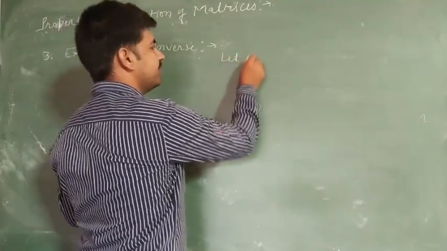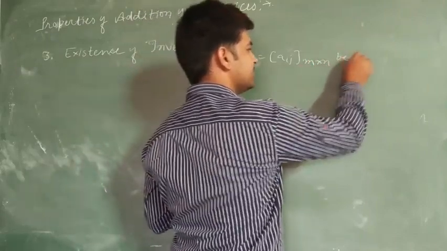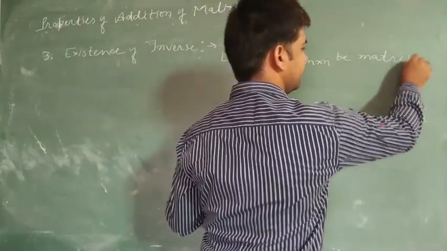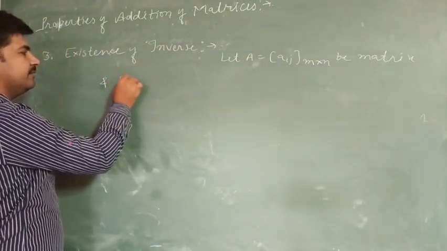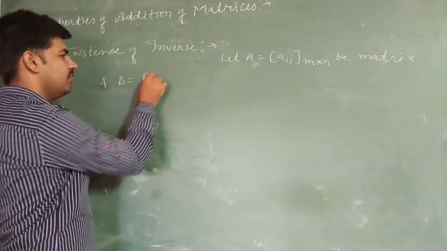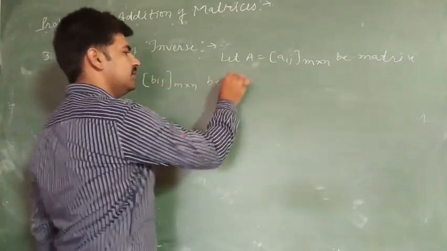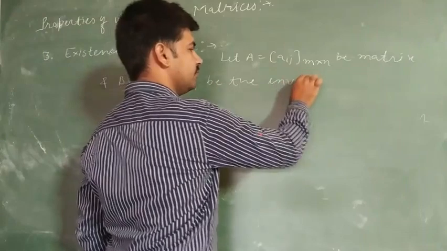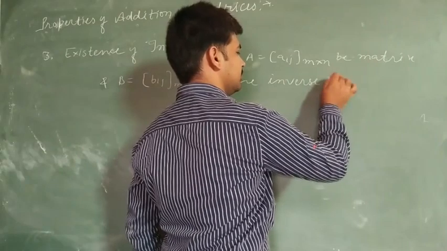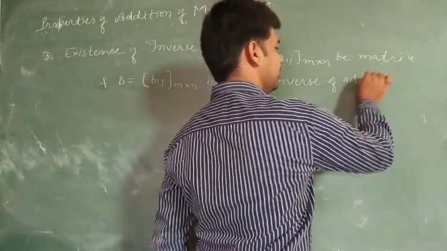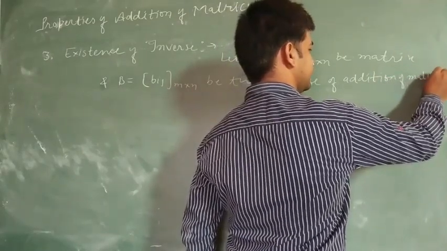Let A be a matrix of order m by n and B of the same order m by n be the inverse of A for addition of matrices.